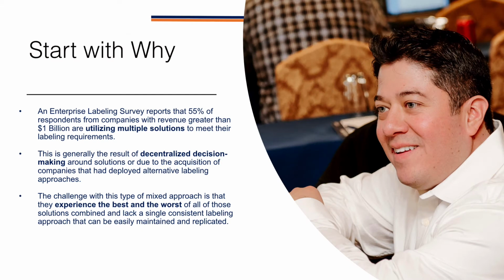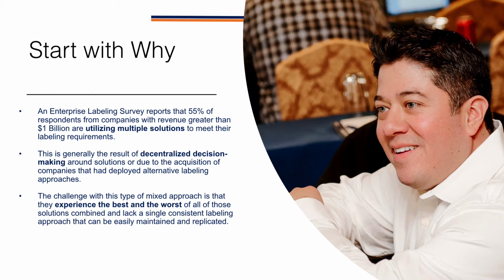What we've learned is that the Enterprise Labeling Survey reports 55% of respondents from companies with revenue of greater than $1 billion are utilizing multiple solutions to meet their labeling requirements. The truth is that what we've learned through the years is that even small organizations fall into the same trap. They have disparate systems throughout the organization, including labeling generation software.